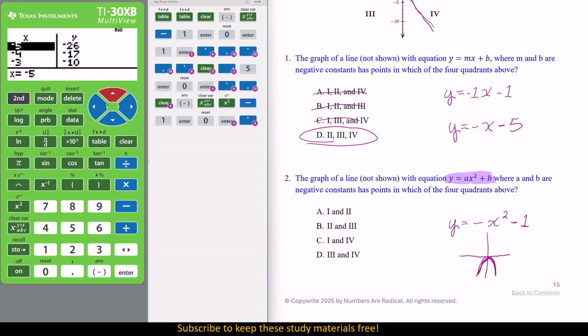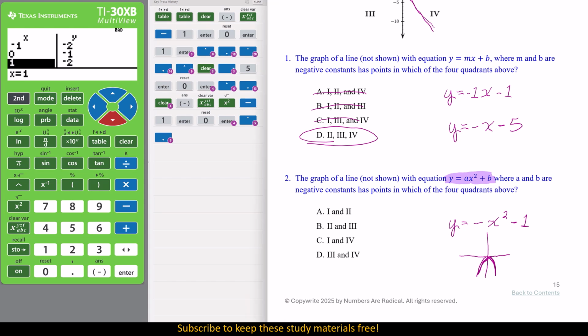Notice that we don't have a plus together. So looks like plus plus doesn't happen. So that's quadrant 1. So we're going to have to mark that out. And then we don't have a negative and a negative at the same time.